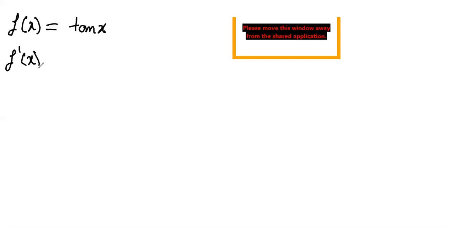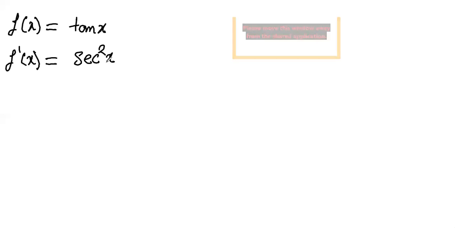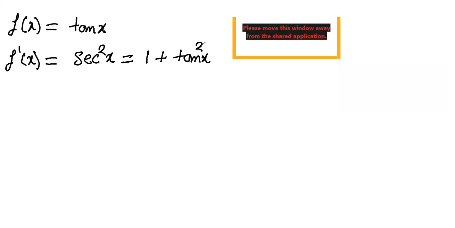So f dash x will be sec square x. f of 0 and f dash 0 are easy to find. To find f double dash x, I can write sec square x equal to 1 plus tan square x. I am doing it just to make things easier. Otherwise, differentiating sec square x, we get 2 sec x into sec x tan x, and then things will get clumsy.